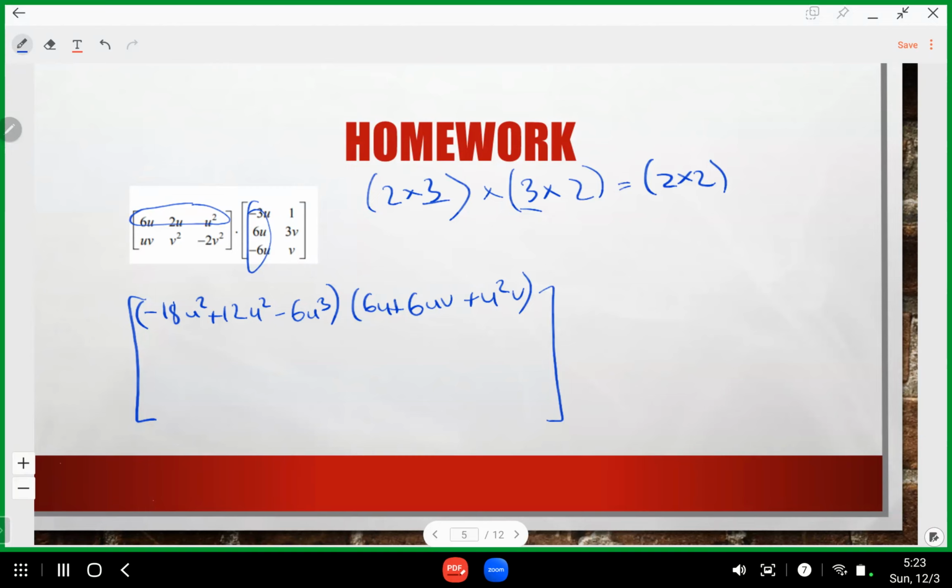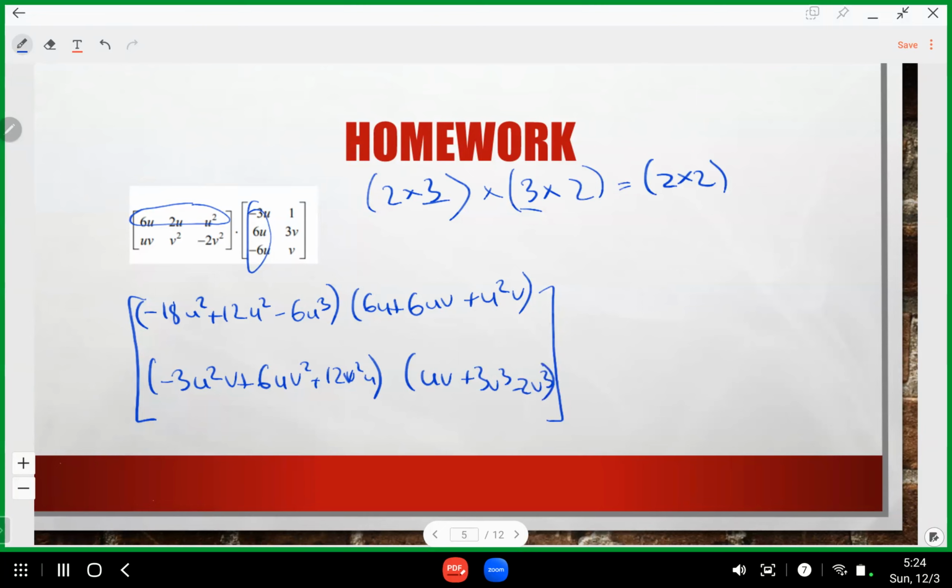But yeah, we don't have to worry too much about that. And then we have this is negative 3u squared v. This is 6 plus 6u v squared plus 12 v squared u. Right, and then we have uv plus 3v cubed minus 2v cubed.